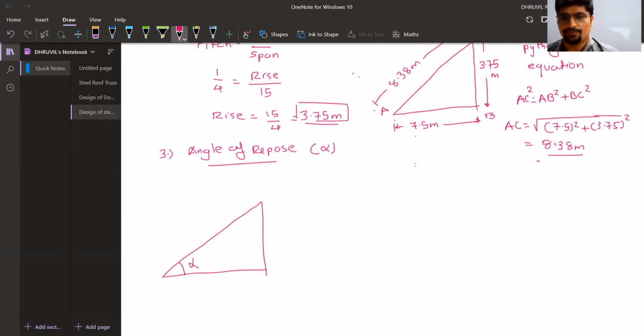The vertical length is 3.75, this one is 7.5, and this one is 8.38.